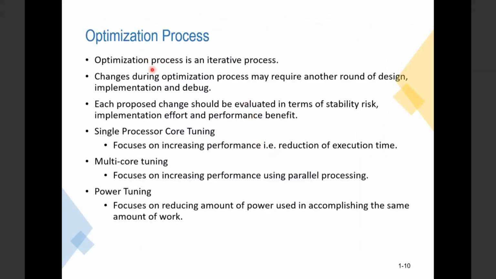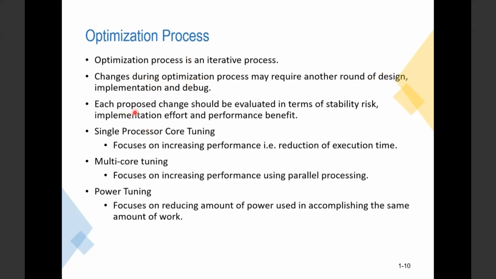Okay, now we are going to look at the optimization process. The optimization process is an iterative process. It will keep repeating. Changes during the optimization process may require another round of design, implementation, and debug. It means that every time you make some changes to optimize your process, you need to redesign, do the implementation again, and do the debugging again.